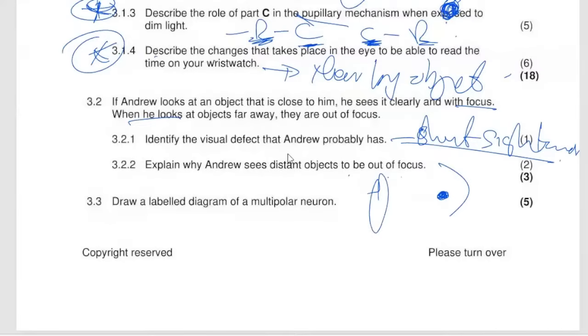If this is the lens, the image will be focused here instead of being focused here. So the light cannot fall onto the retina. Yes, so that is it.